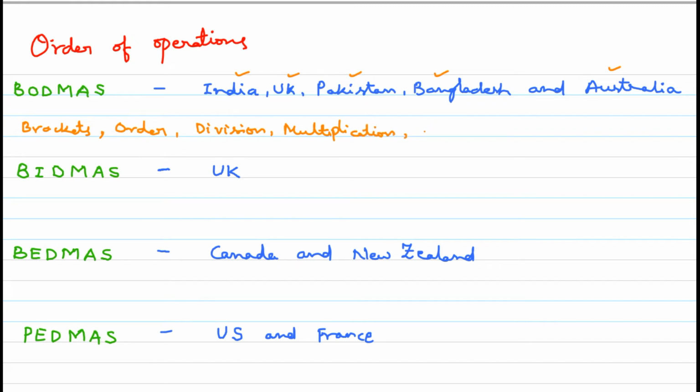A stands for addition. S stands for subtraction. So this is the rule we are generally using in India. This rule is called BODMAS rule: brackets, order of exponential, division, multiplication, addition, and subtraction. So this is the order we need to follow.